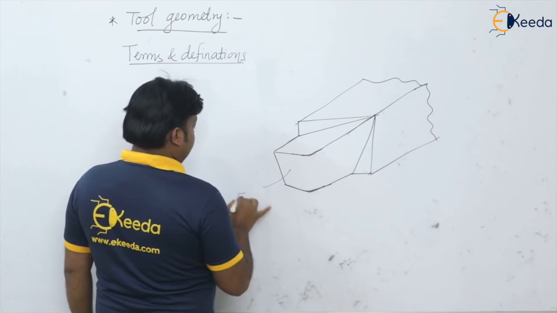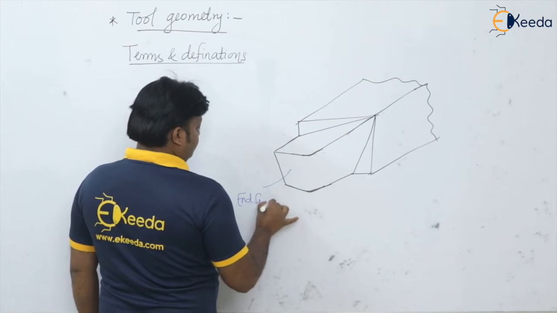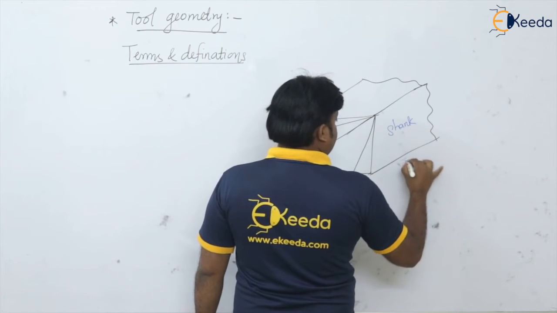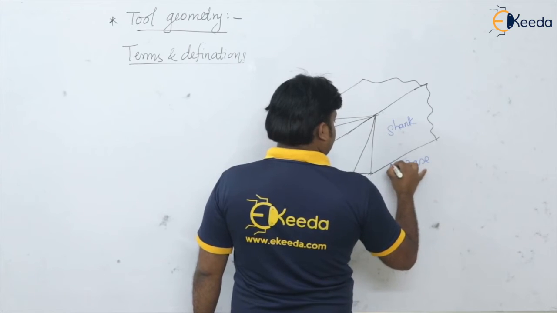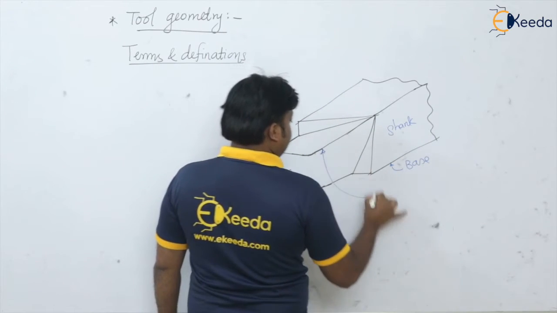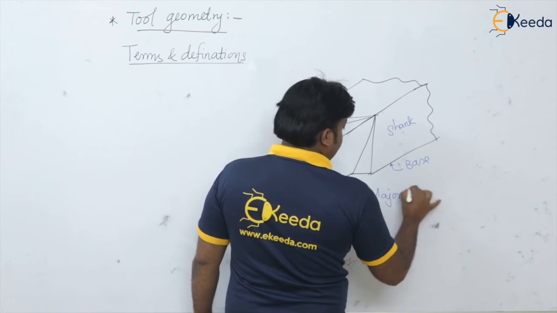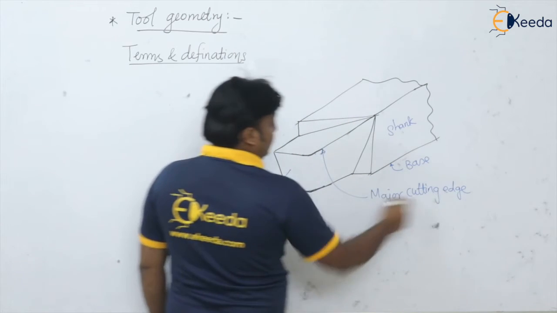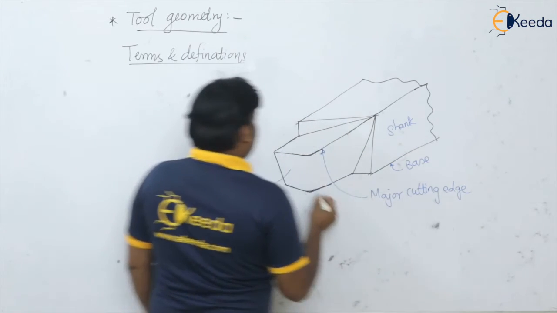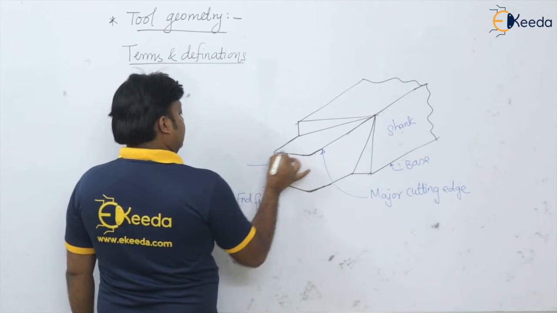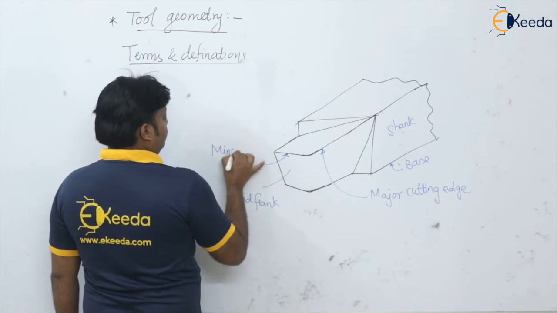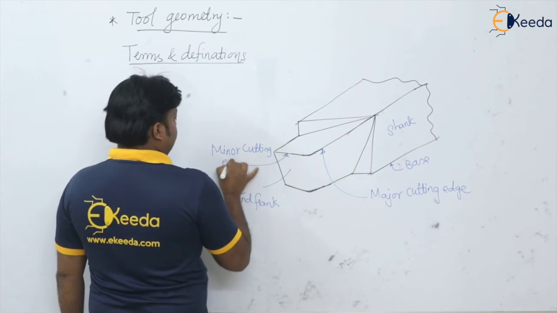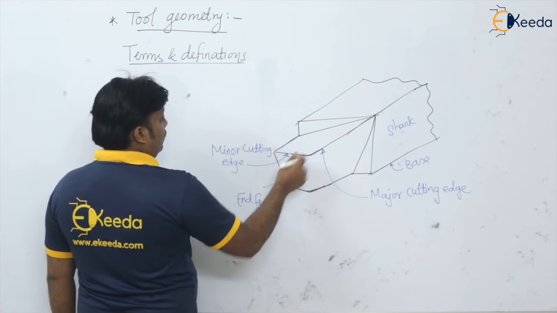This is the end flank. This is the shank. This is the base. This is the major cutting edge, or principal cutting edge, and this is the minor cutting edge or auxiliary cutting edge.